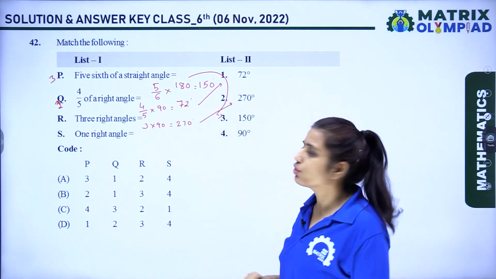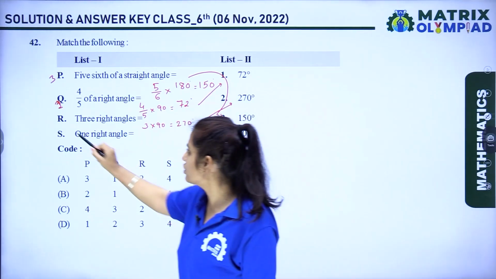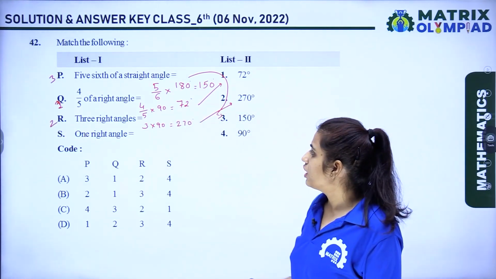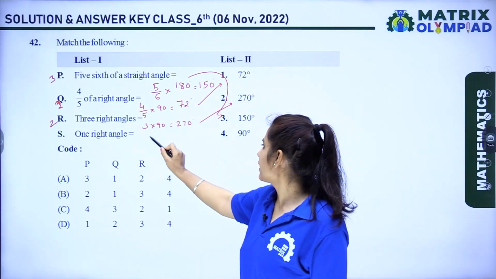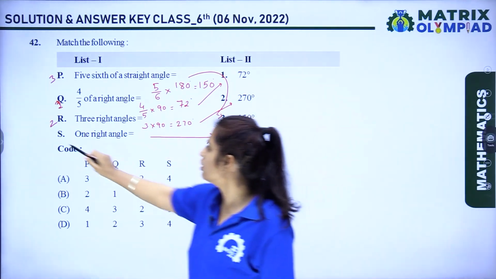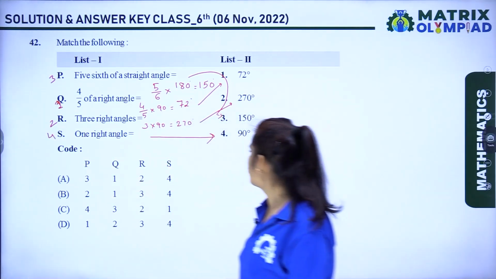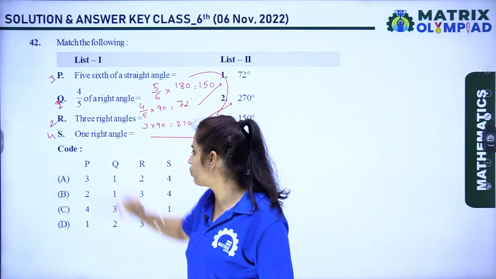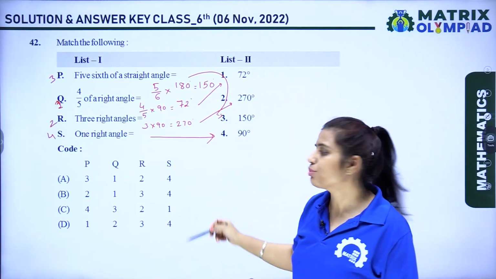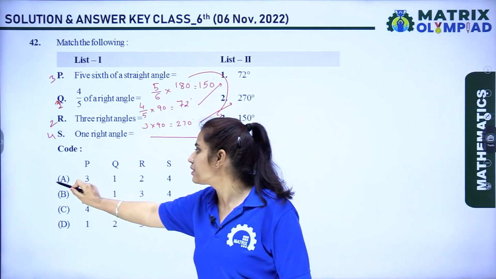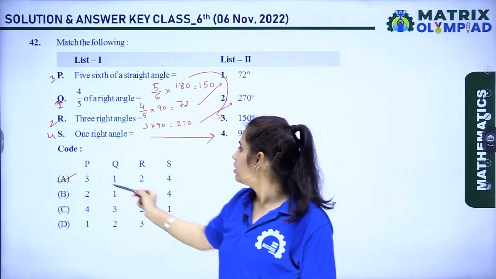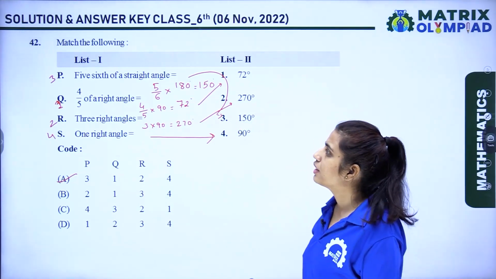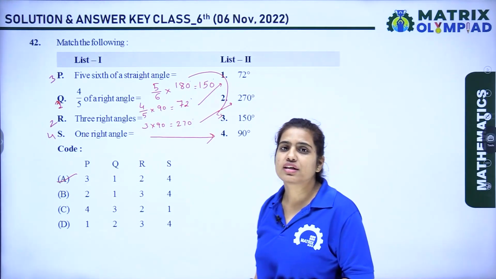So R is going to match with part 2 of list 2. R is 2. Now one right angle is 90 degree, so S is 4. Now the sequence of the answer will be 3, 1, 2, 4. So let's check the options. Option A is the correct answer. 3, 1, 2, 4. Now let's begin with the next question.